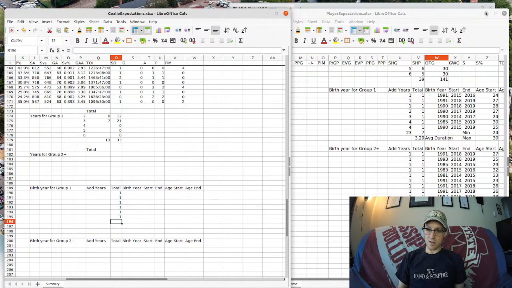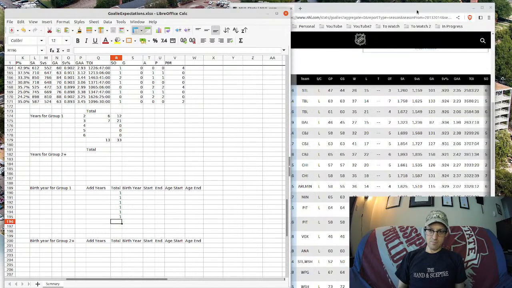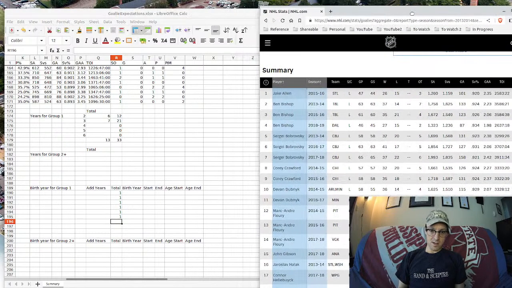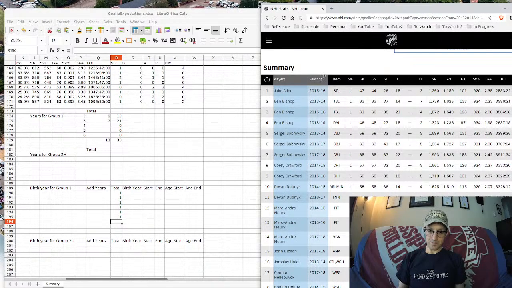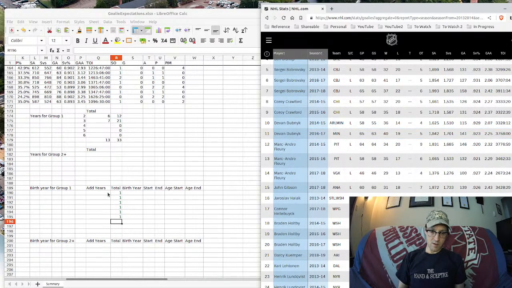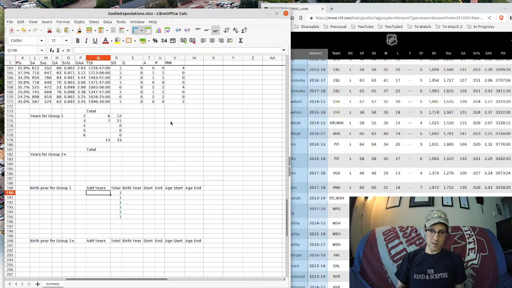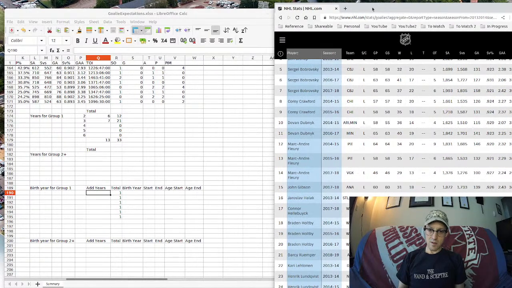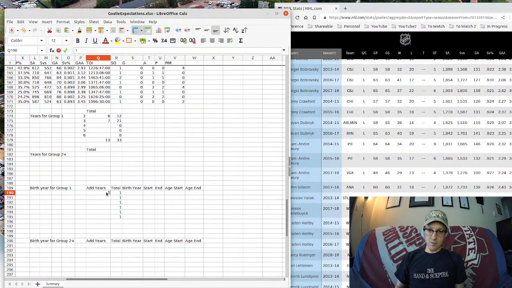Birth year, start, and I think I got that. So we have none for him. So we have 1 for Bobrovsky.